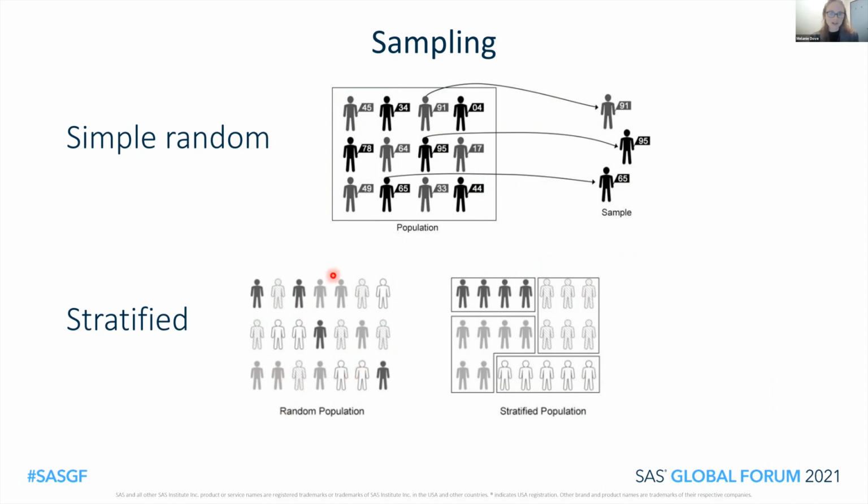Here we have our target population, and we divide our population first into groups based on shades of gray. And then from each group, we randomly sample to be in our survey. And this ensures that we have enough people from each group in our sample.